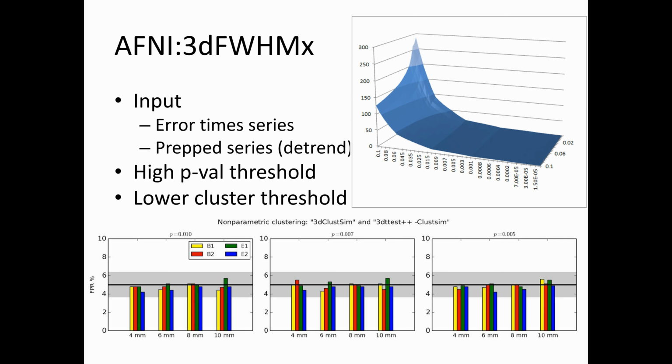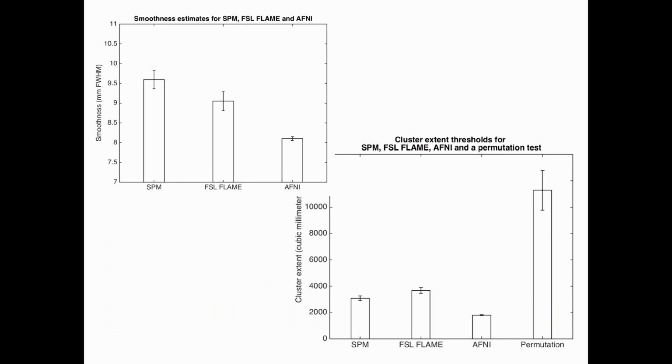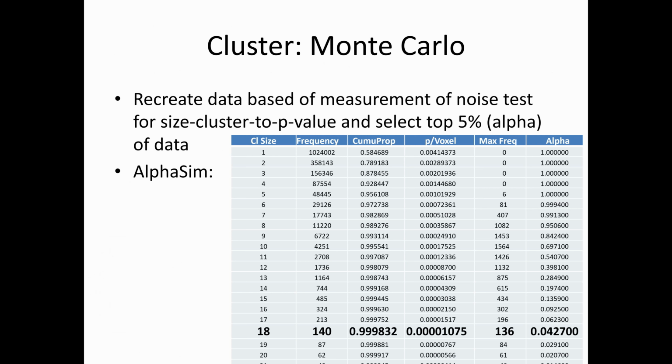It still makes sense to me why you would have a smaller cluster size as your threshold as you get more stringent on that. Well, say you would only need one significant voxel, that occurs all the time. But as you require more and more voxels bundled together, then that's occurring less. So that's matching to alpha.